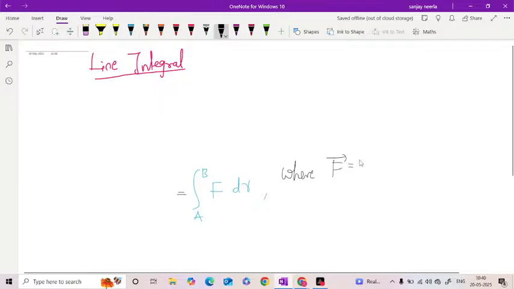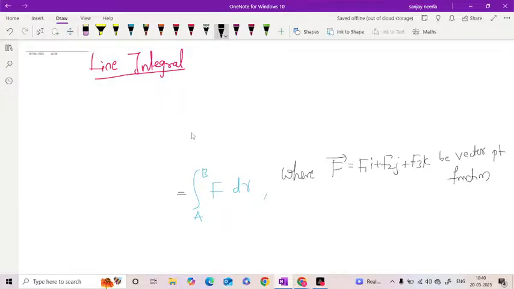it is the vector point function. So f1 i plus f2 j plus f3 k be a vector point function. And r indicates the position vector.